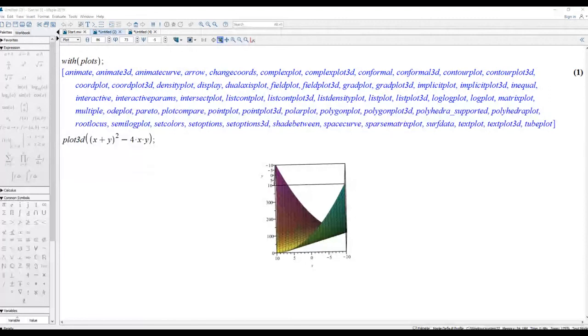And I'll just bring that over there. Okay. So here I'm going to plot. Oops. So I wanted to plot two things here. Okay. So I'm going to use the square brackets.